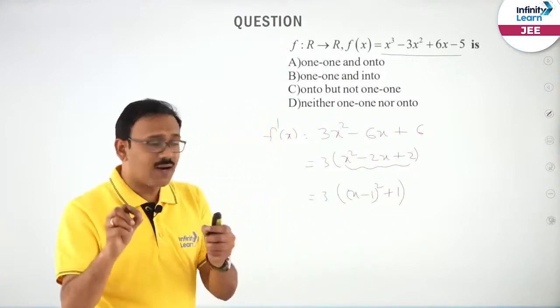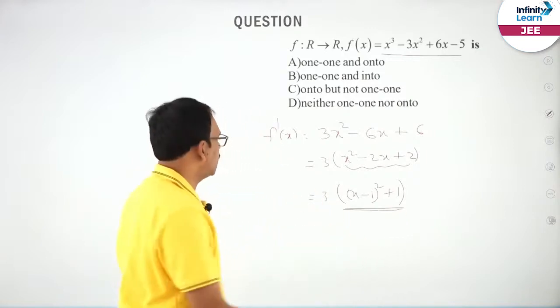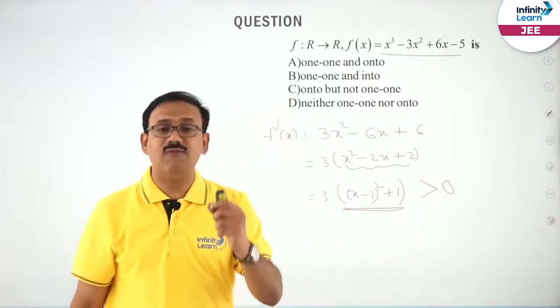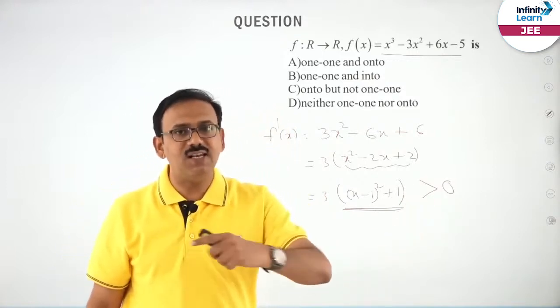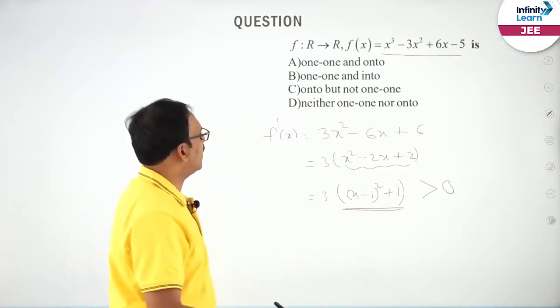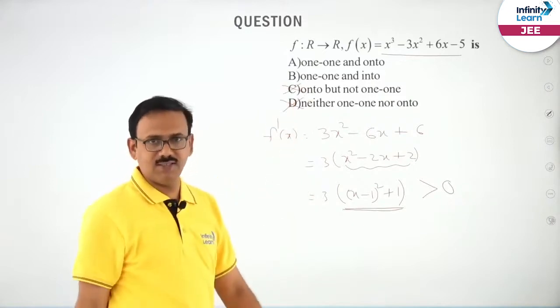So, whatever x you give, this is positive into 3 positive. So, the derivative is always positive, that means the function is going to be strictly increasing. Yes. So, undoubtedly it is 1-1. So, this option and this option are invalid.